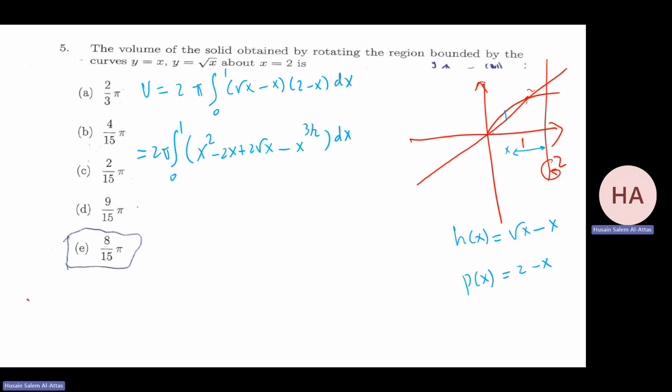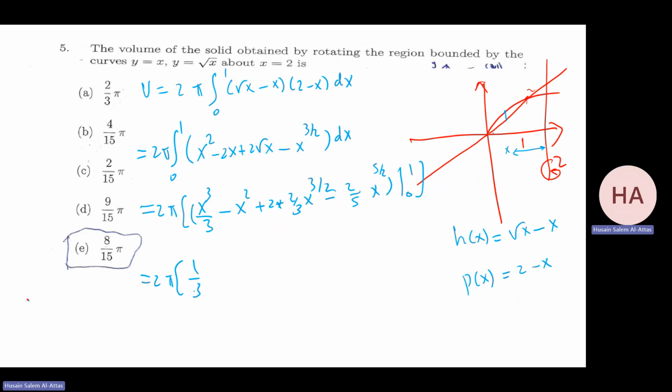Okay, now we'll do the calculation. That will be 2 pi. I have what? x cubed over 3 minus x squared, plus 2 over 3 x to the power 3 over 2 minus 2 over 5 x to the power 5 over 2. All of this from 0 to 1. That gives me 2 pi times 1 over 3 minus 1 plus 4 over 3 minus 2 over 5. Yeah, don't rush it. 1 over 3 plus 4 over 3 is 5 over 3.